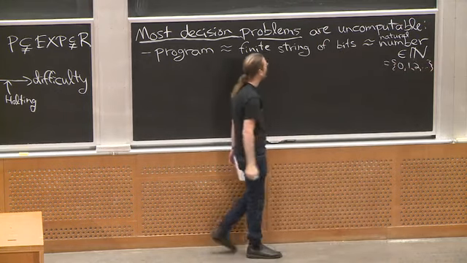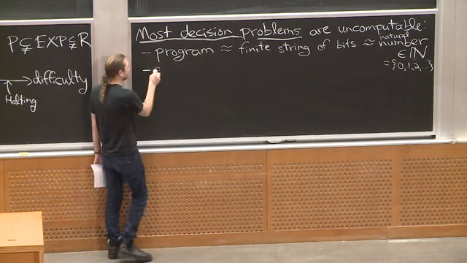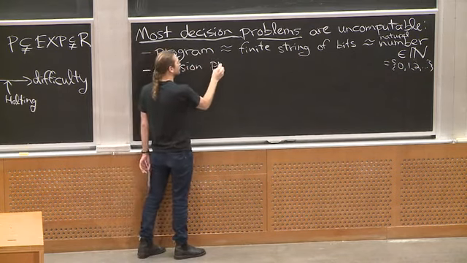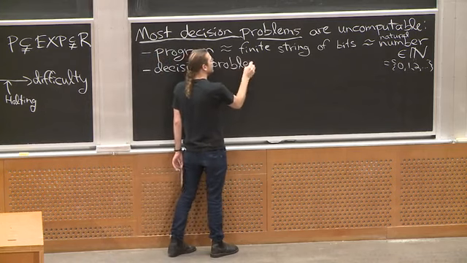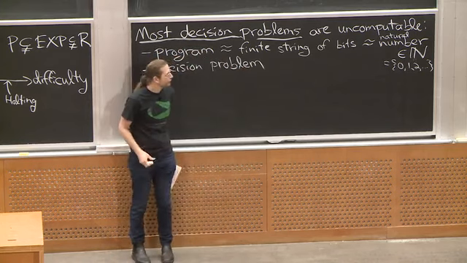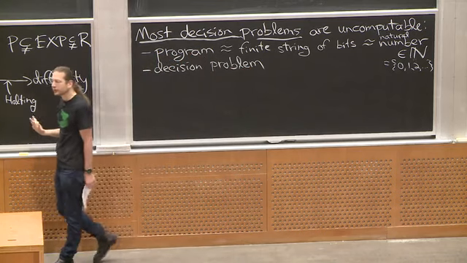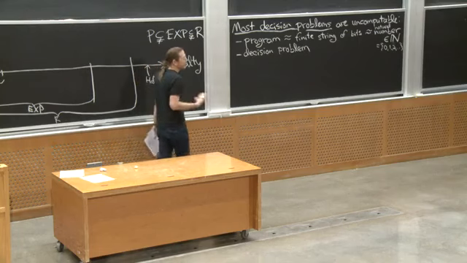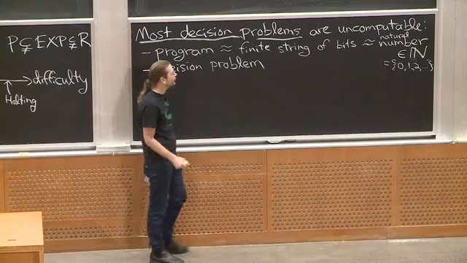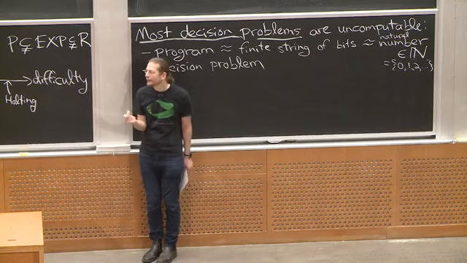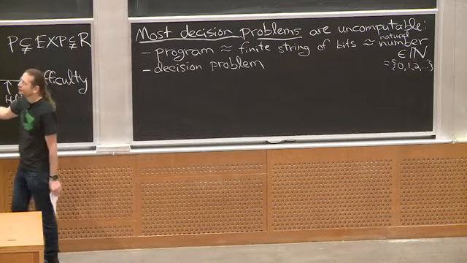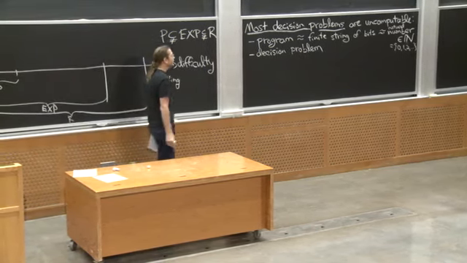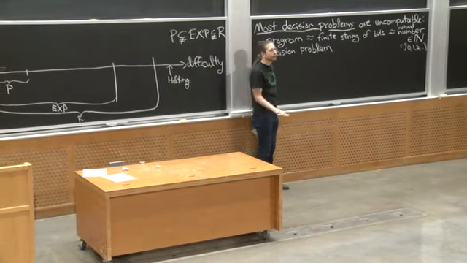Okay? Now, what about decision problems? A decision problem is a specification of what we want to solve. So we can think of it as saying, for every input, is the answer yes or no? That's literally what a decision problem is. The only question is, what is an input? We've talked about inputs and the size of inputs, and there are lots of different ways to measure them. But in the end, we can think of an input as a string of bits also.